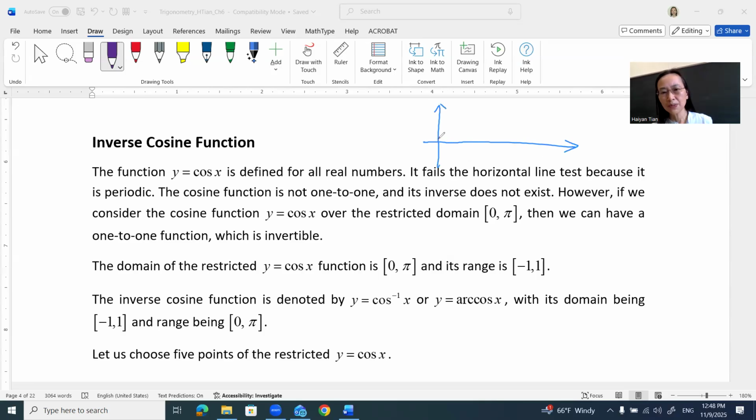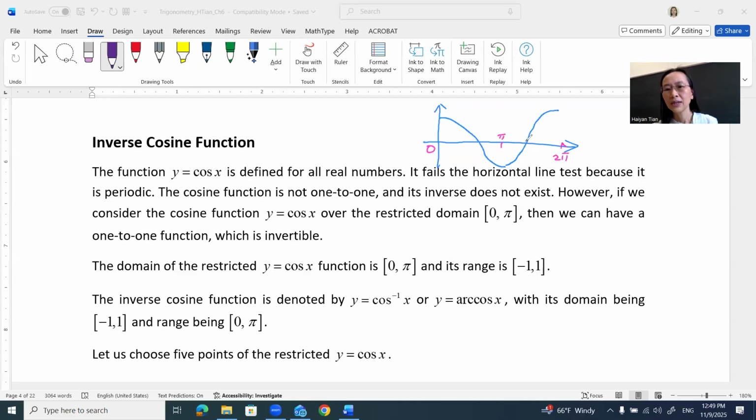If we draw one period of cosine, it's from 0 to pi, decreasing, and from pi to 2 pi, increasing. That is the feature of the cosine function over 2 pi.